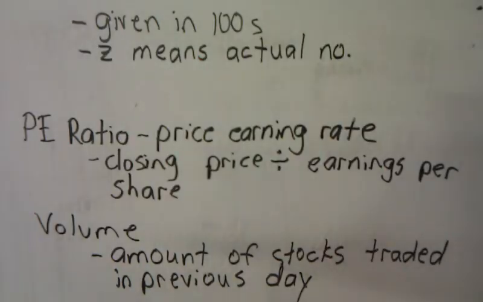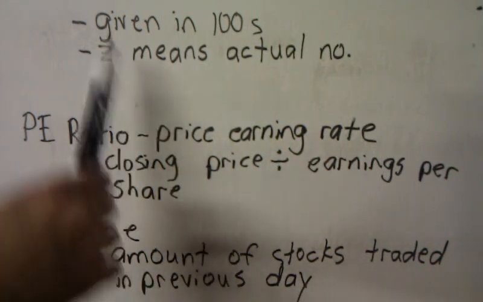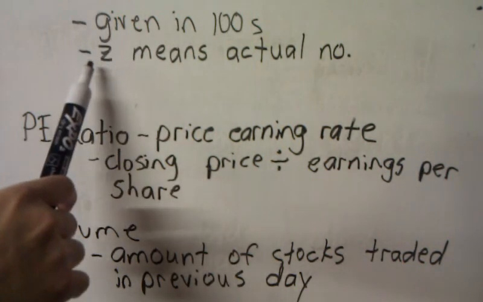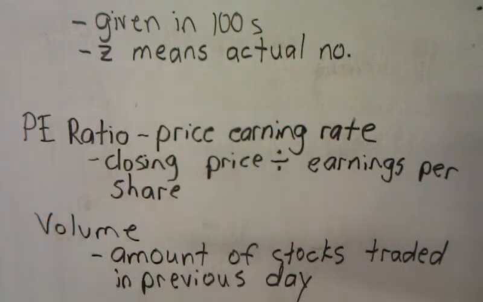Okay. We said the PE ratio is the price earning rate, which is the closing price divided by the earnings per share. We said the volume is the amount of stocks traded on the previous day, and it's given in hundreds unless there's a z beside it. This means it's the actual number.